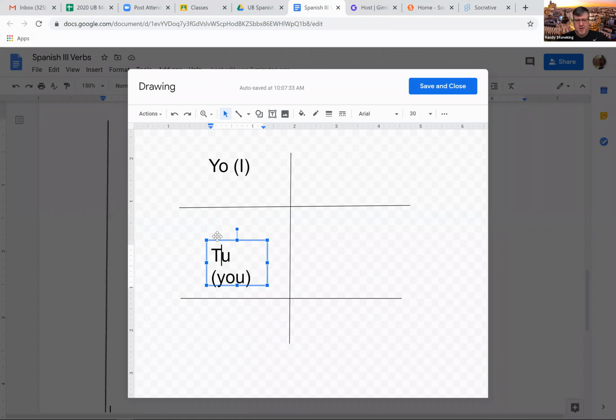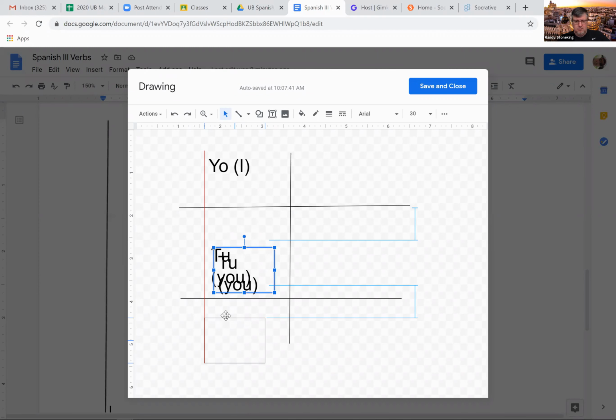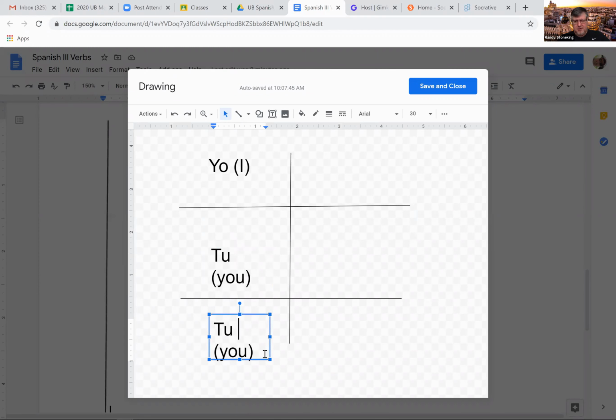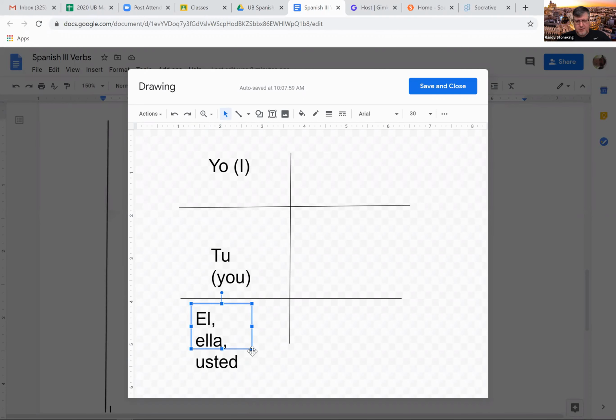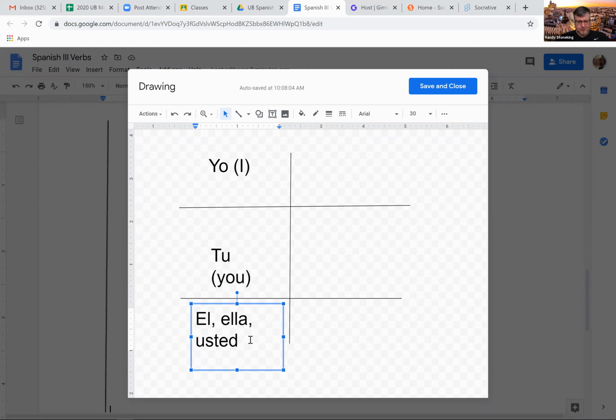And then we have either the he or the she or the it. The it would be something that's not a person. So that's él, ella, or usted. Size this up a little bit so it fits better. Which is he, she, you.